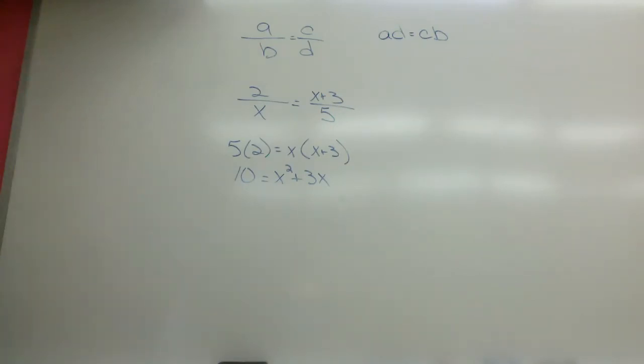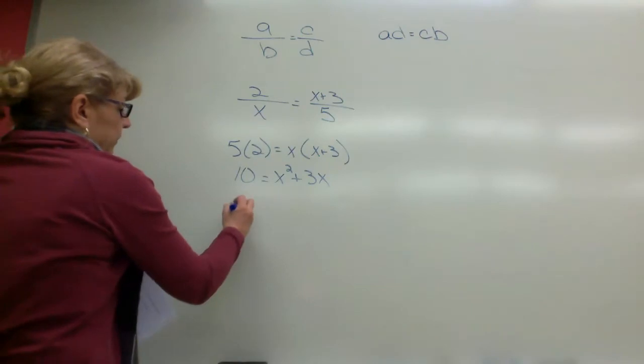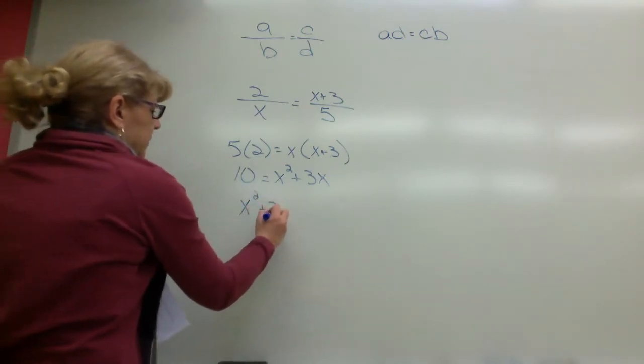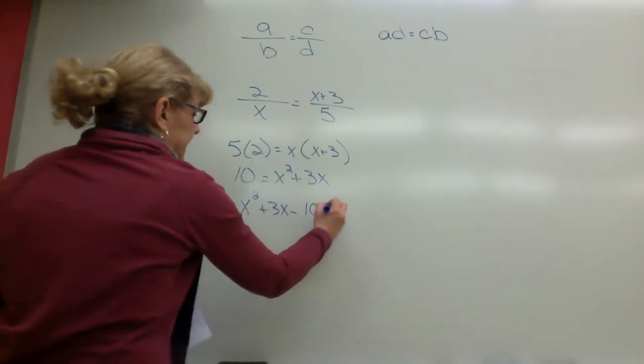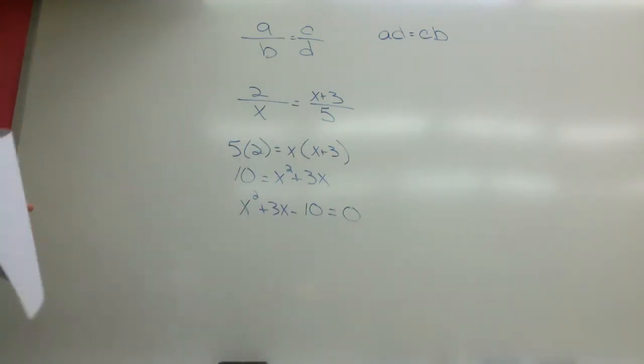When you have this quadratic term, the second power, you want to get all of the terms on one side, set it equal to 0, and then factor it. So I would have x squared plus 3x minus 10 equals 0. Again, you can ask yourself that question, what multiplies to give me negative 10, but would add to give me positive 3?